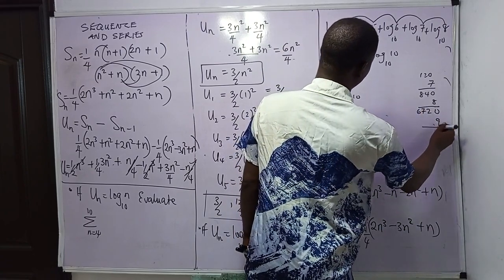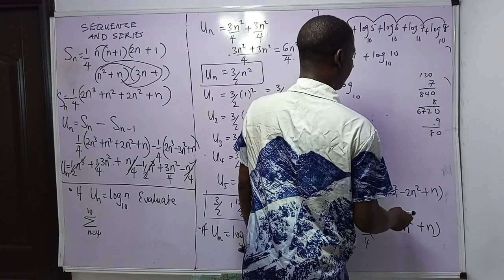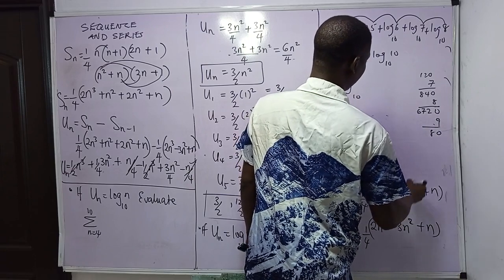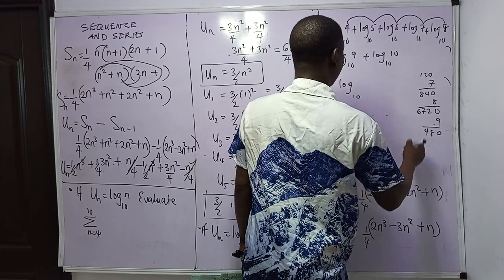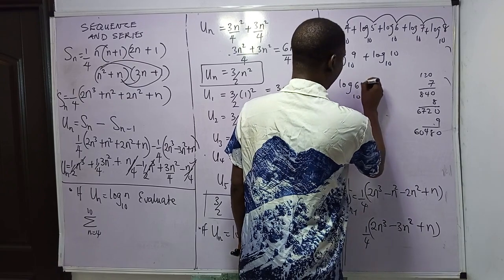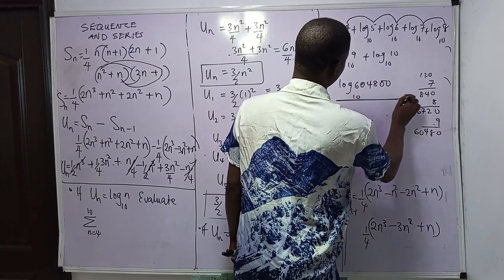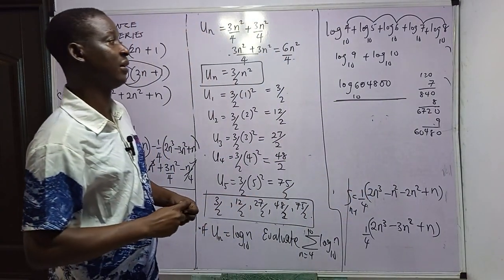Times 9 will give us 60,480. Then times 10 is 604,800. And that's what we are going to have as our final answer.